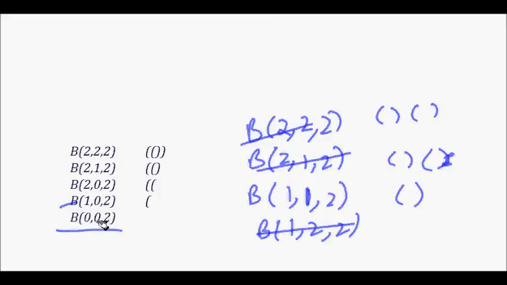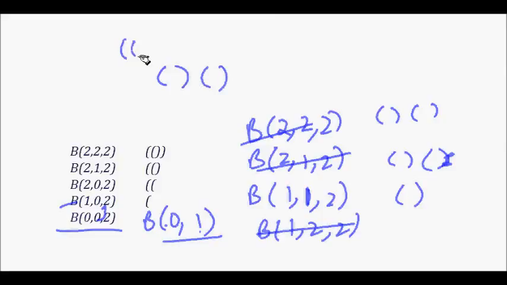Here I could again call B0 comma 1. Shall I call? I will not call, because 1 is becoming greater than 0. So this also goes out, and finally I have all the possibilities, this one and this one, both are printed. Okay, so this is the example.